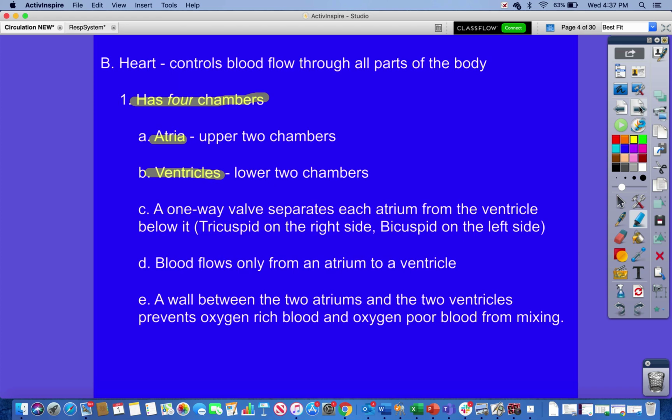Hopefully that makes sense. There's a valve, a one-way valve, meaning blood only is meant to go one way through the heart. There's a valve that separates each of the atria from the ventricle. So on the right side of our heart, we have a tricuspid valve, and on the left side, we have a bicuspid valve.